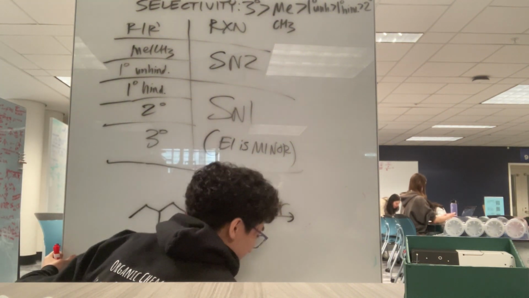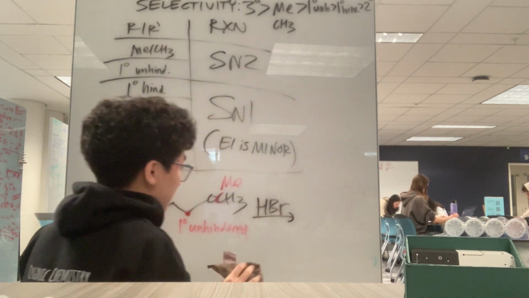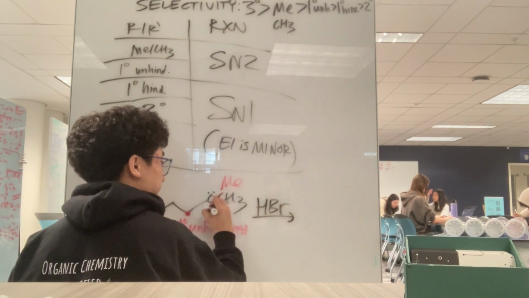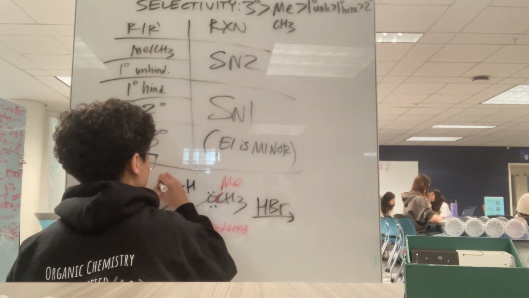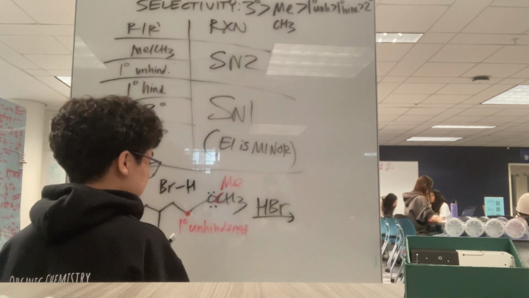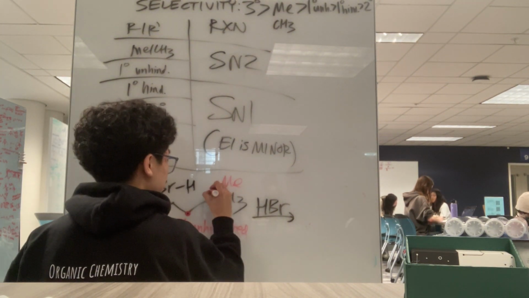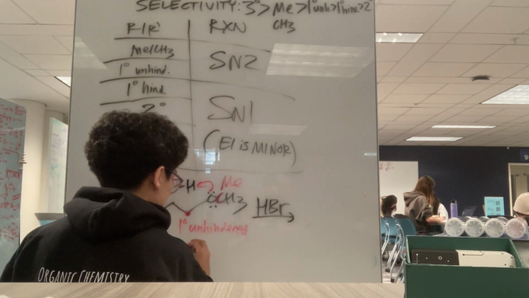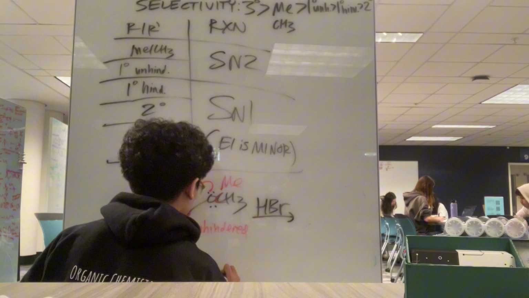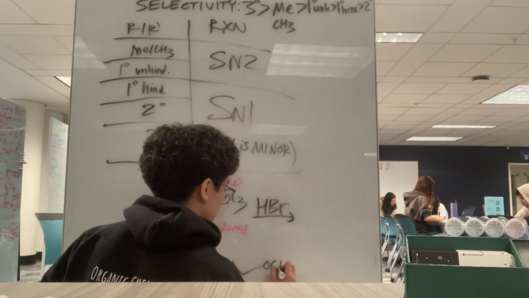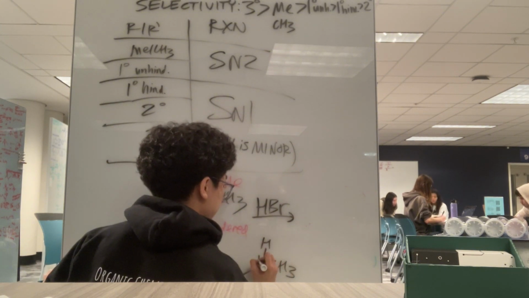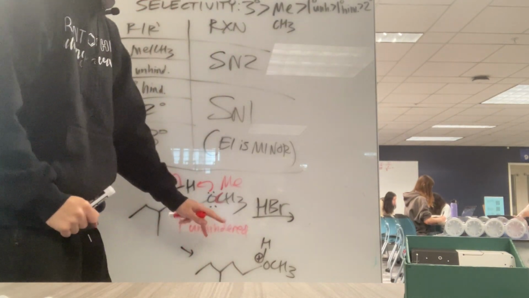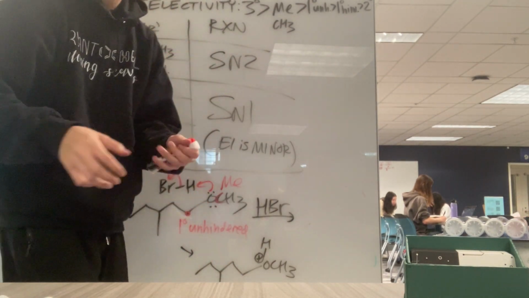So for the mechanism, right? The first step is to protonate the oxygen with the strong acid we have. So this oxygen here is going to grab this hydrogen, kick out the bromine, and give us this right here, right? Now we have 2 good leaving groups here.